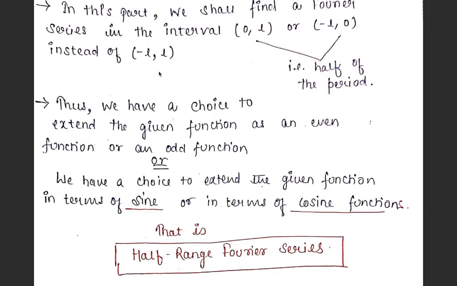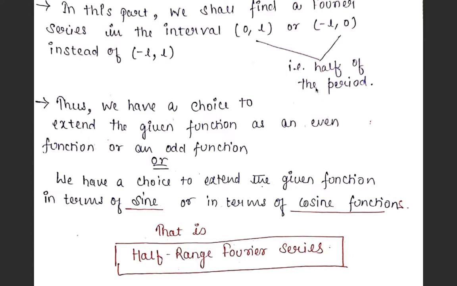Now if we find the Fourier series in the interval 0 to L or in the interval minus L to 0, means half of the period is given now, then the Fourier series will be known as half range Fourier series. In a half range Fourier series, we always have a choice to extend the given function in terms of sine or in terms of cosine. Means the Fourier series will be having either terms of sine or terms of cosine only.